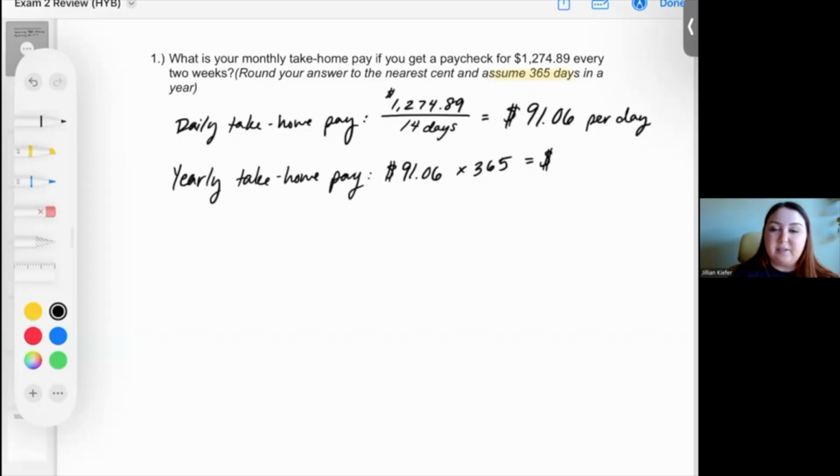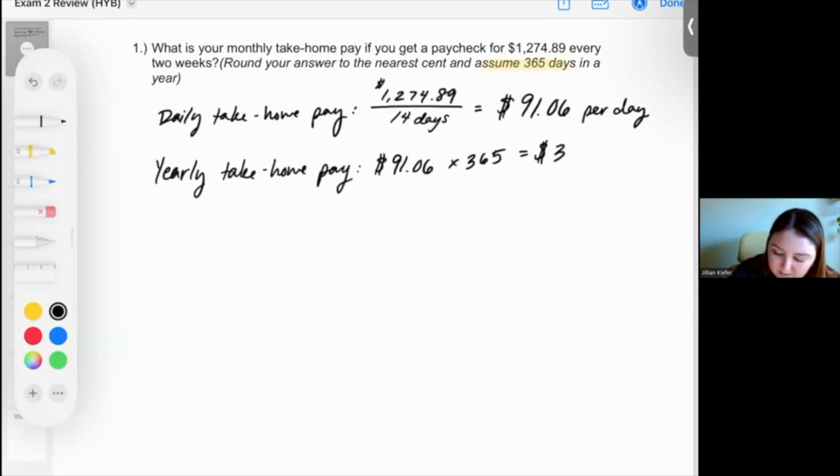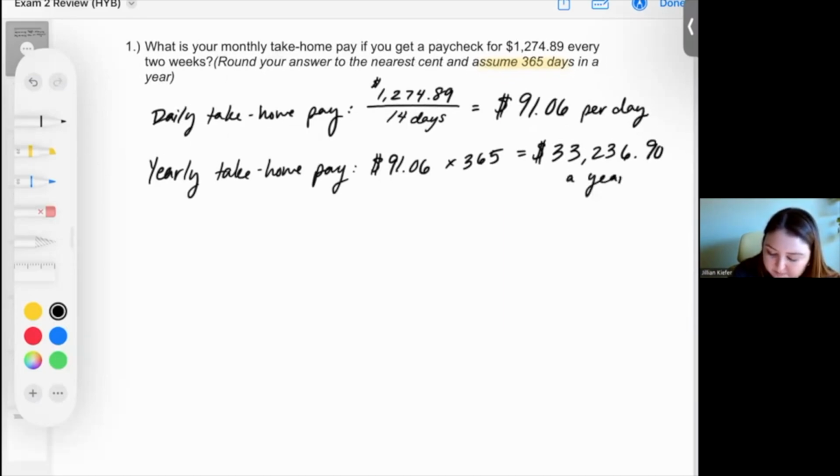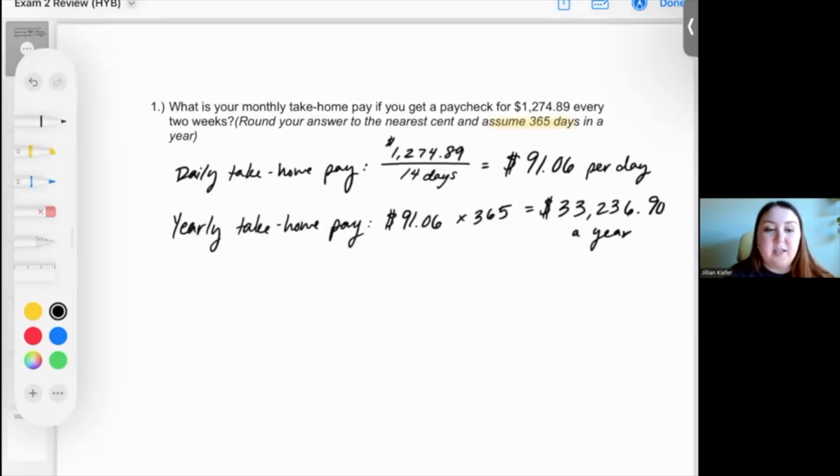We use our calculators, type in $91.06 times 365, and we should get that every year we make $33,236.90. This is the yearly take-home pay.